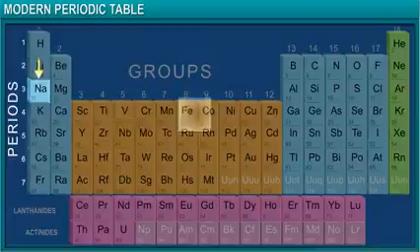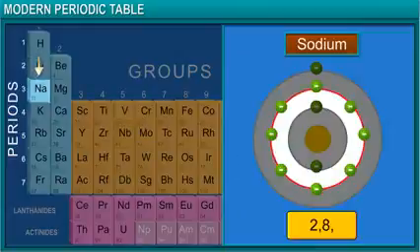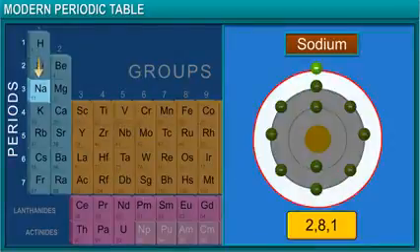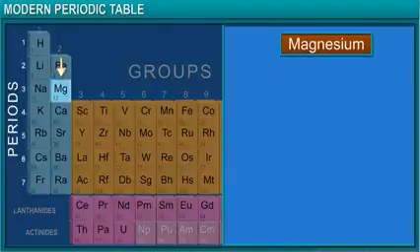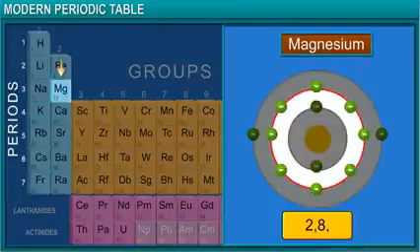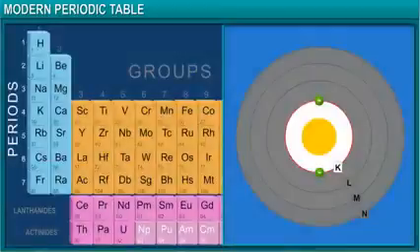The electronic configuration of sodium is 2, 8, 1 and magnesium is 2, 8, 2.